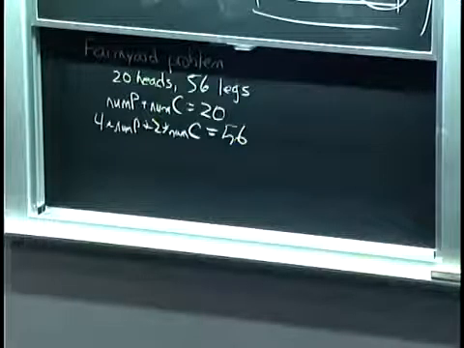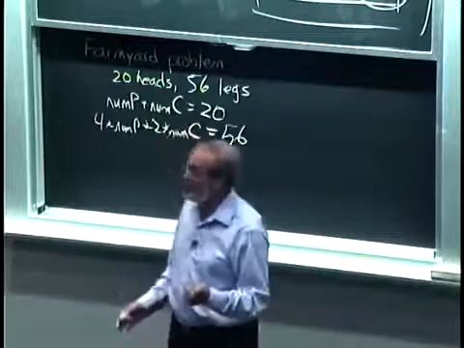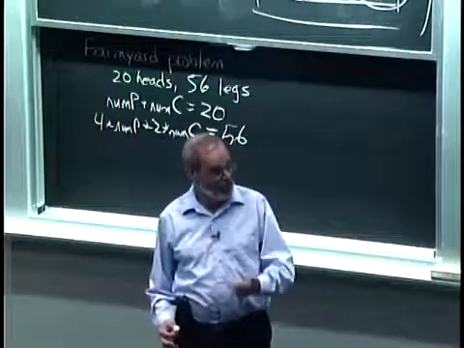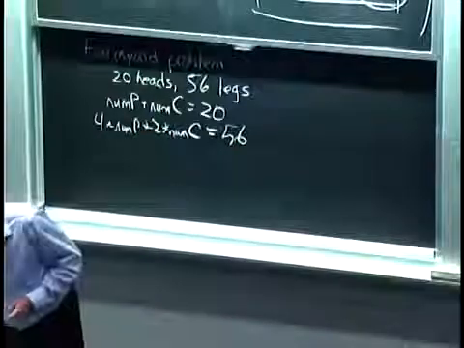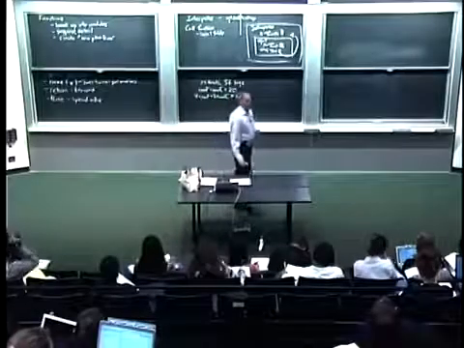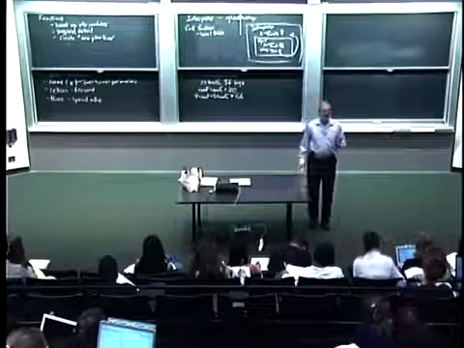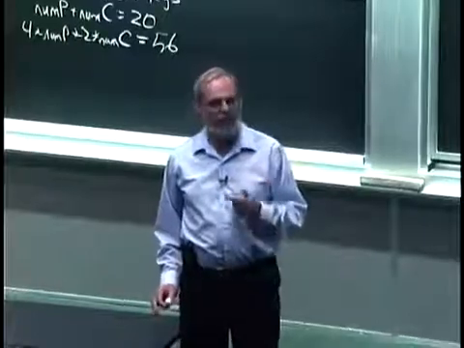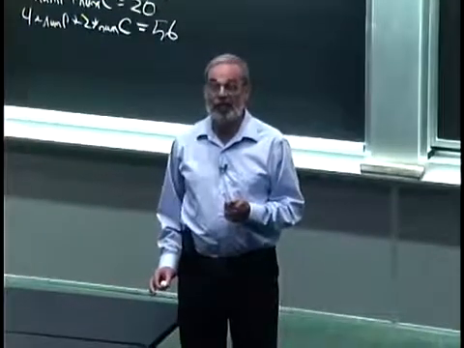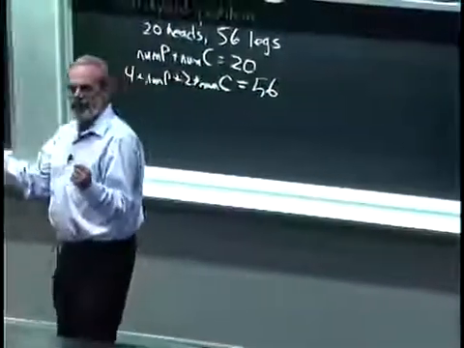And then how would you solve this? Well, you sort of know how you do it if this was grammar school, right? You'd pull out your pencil and paper. You could do it as a matrix inversion if you know how to do that, or you could just simply do substitution of one equation into another to solve it. That's certainly one way to do it, but for computers, that's not necessarily the easiest way. So another way of solving it is to do something we already saw last time, which is basically, why not simply enumerate all possible examples and check them? I could have 0 chickens and 20 pigs.